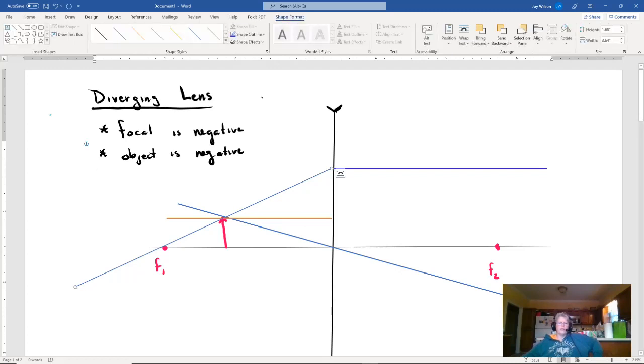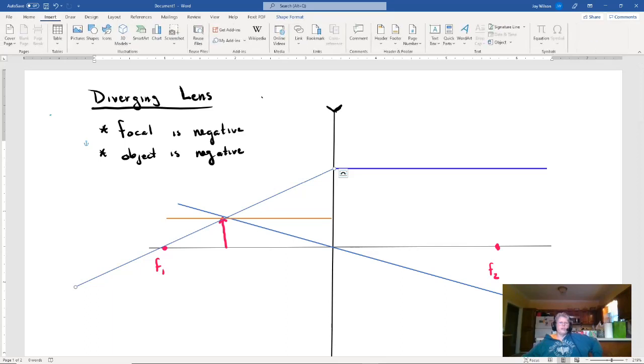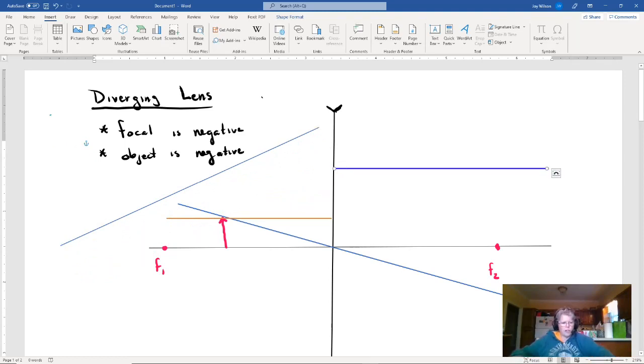Okay. And then this last one, the one that comes in parallel, is going to go out through the focal point. Hang on just a second. This is all screwed up.